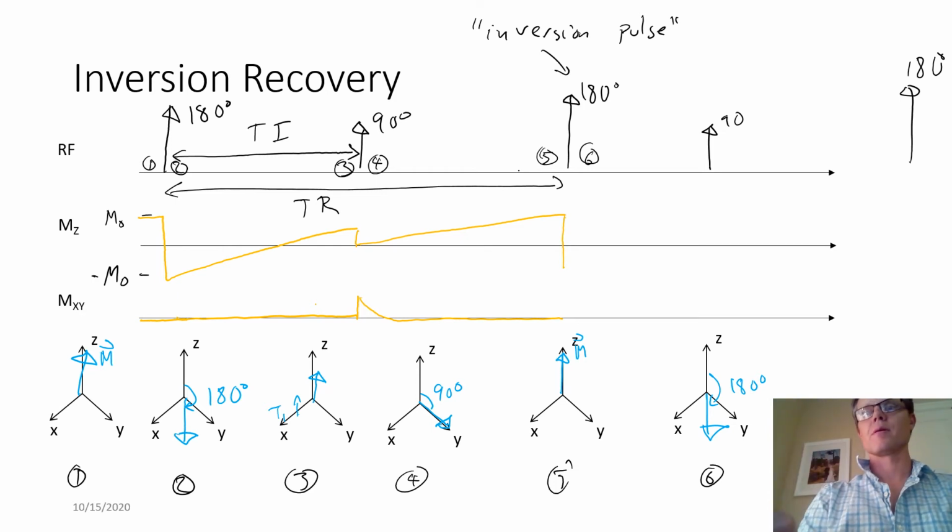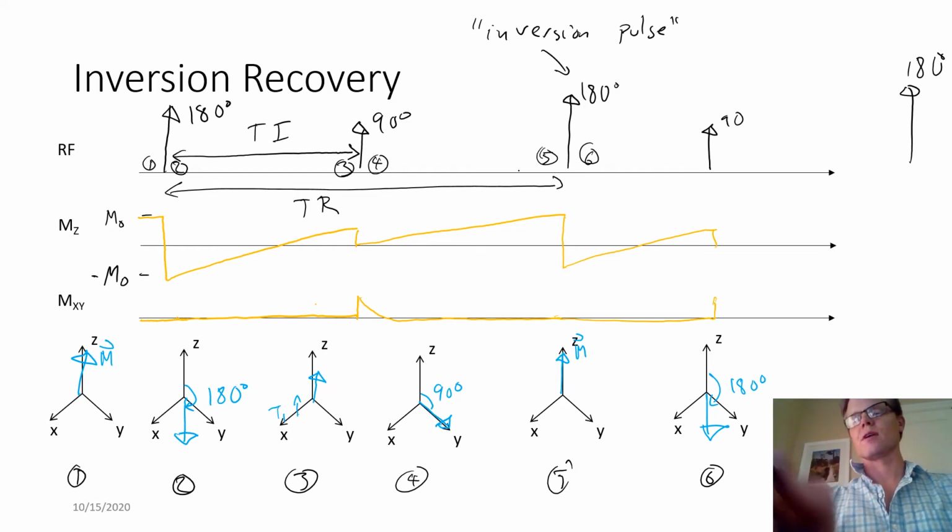So we flip ourselves around in Mz, some amount of T1 recovery, no transverse magnetization, 90 degrees. Convert the longitudinal to transverse magnetization so we can get some signal here, and then do it again.